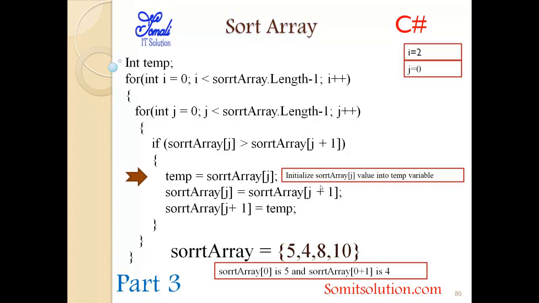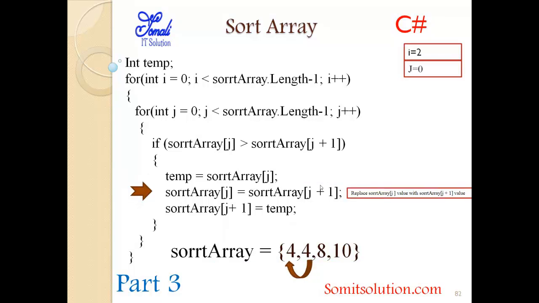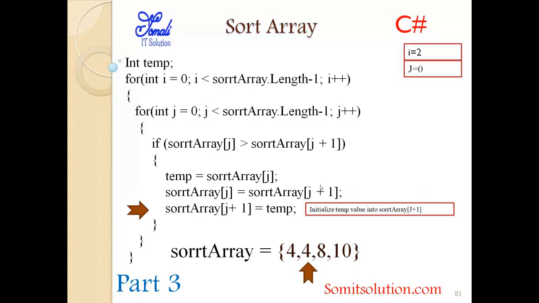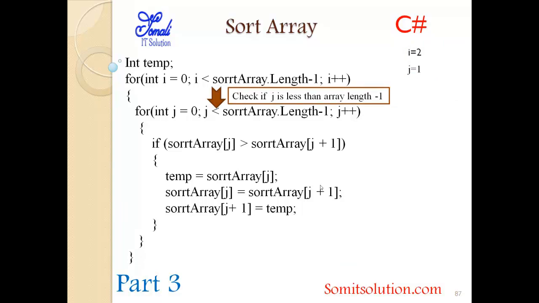Initialize sort array of 0 value into temp variable. Initialize sort array of 1 value into sort array of 0. Initialize temp value into sort array of 1. Add j value by 1. Check if j value is less than array length minus 1. Our array length is 4 and 4 minus 1 is 3, so j is less than 3.